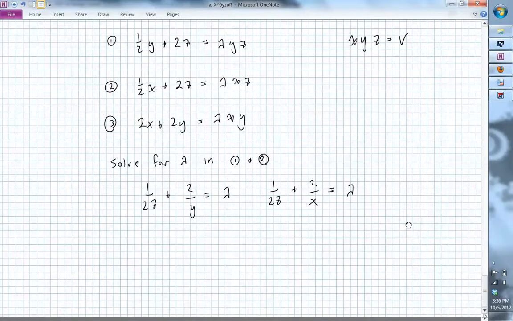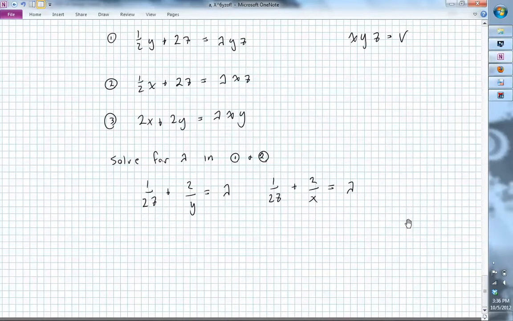And yes, those two together tell me something. What do they tell me? x equals y. Right? If I set them equal to each other, the 1 over 2z's cancel, and I get x equals y. Does everybody see that? Okay, good.